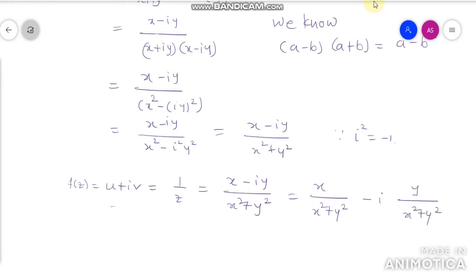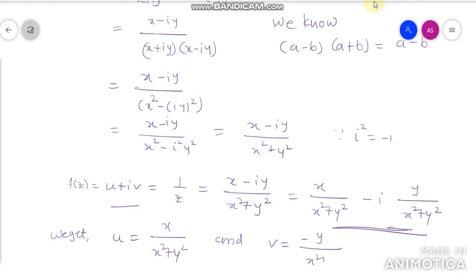Okay, so comparing these two quantities, we get u is equal to x divided by x square plus y square, and v is equal to minus y upon x square plus y square.